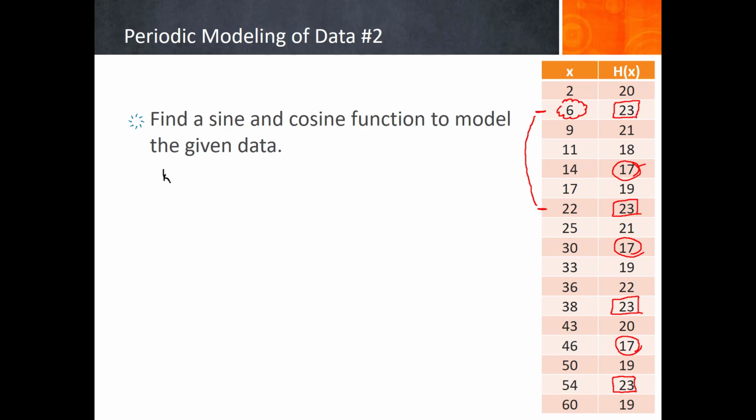So for the midline, that's k, that's the average of the max and the min. So we have 23 plus 17 over 2. And so 23 plus 17 would be 40 over 2, which is 20. And the amplitude is their difference, so 23 minus 17 over 2, and that would be 6 over 2, or 3.